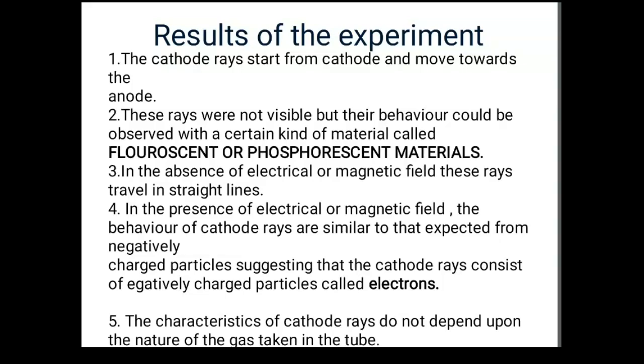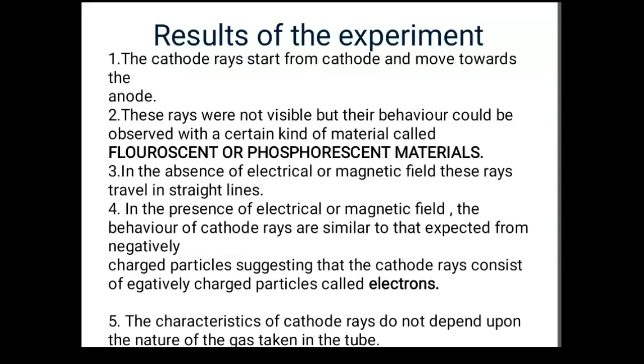So what was concluded from this experiment? Number one, the cathode rays start from cathode and move towards the anode. And these rays were not visible, but their behavior could be observed with a certain kind of material called fluorescent or phosphorescent material. Now, in detail, the anode was made perforated, and behind the anode, the hard glass tube was coated with zinc sulfide material.